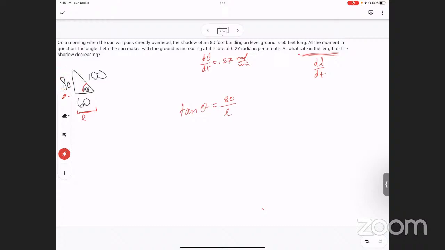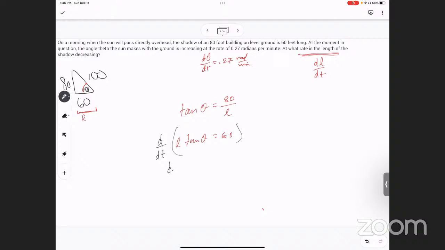Okay. So we're going to take the derivative of this. Let's rewrite this: L times the tangent of theta equals 80. Now let's take the derivative with respect to time. We're going to have to use the product rule.